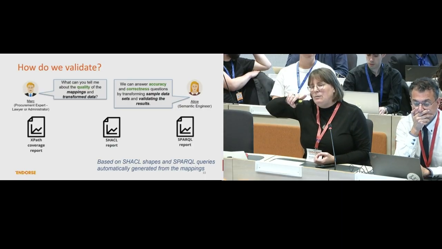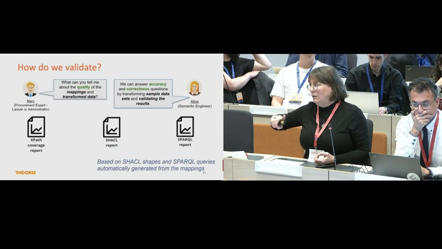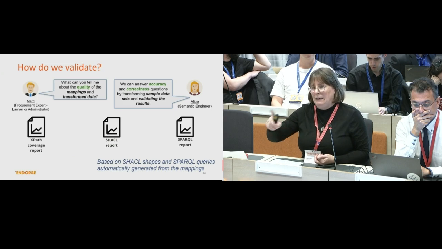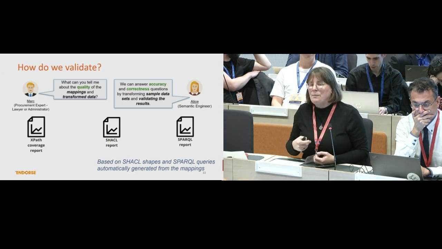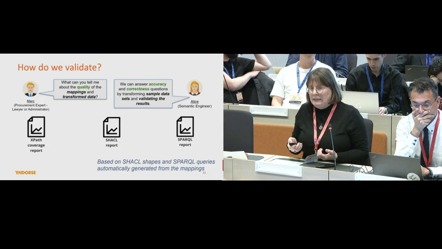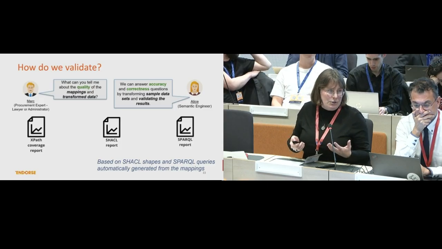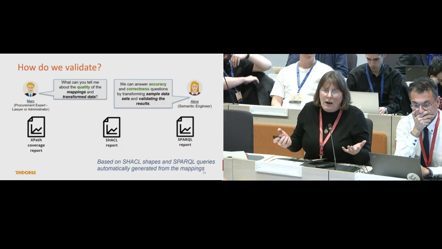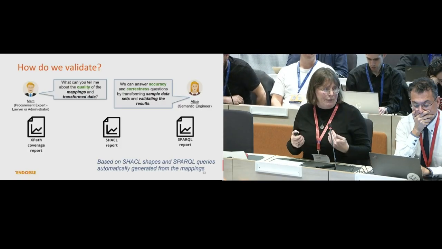Plus, we want to look at the quality of the transformed data from the sample data that has been selected up front in the first stage. So we have three aspects of validation, at least at the current stage. Obviously, you can imagine more validations, but these are the first core ones.